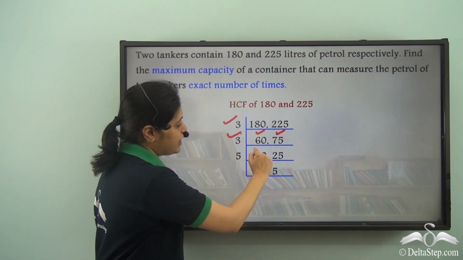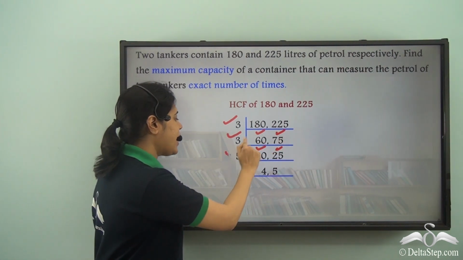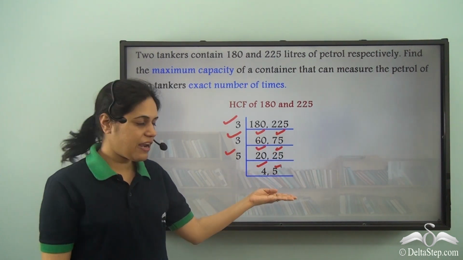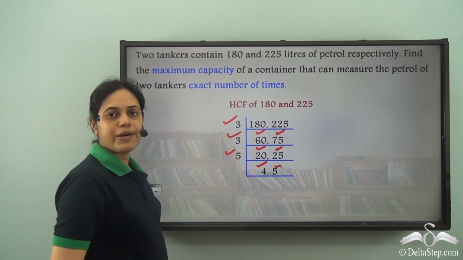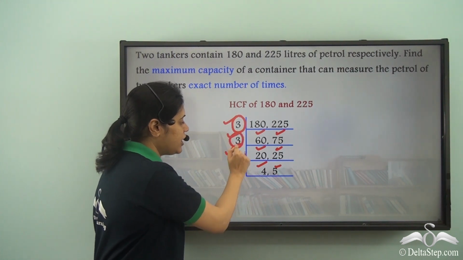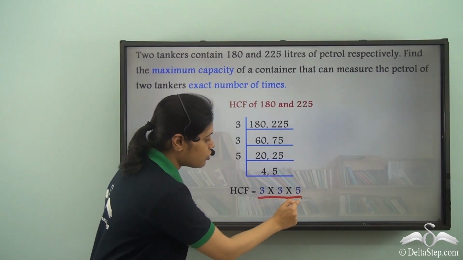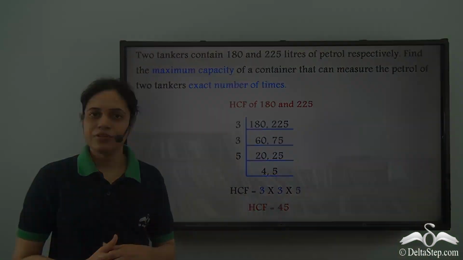Once again I divide by 3 to get the quotients 20 and 25. And then I divide by 5 to get 4 and 5. Now 4 and 5 do not have any common prime factor. So I stop here. And the HCF will be 3 into 3 into 5, which is 45.